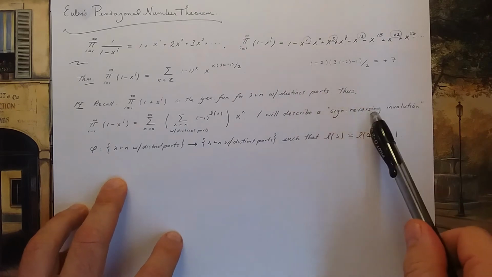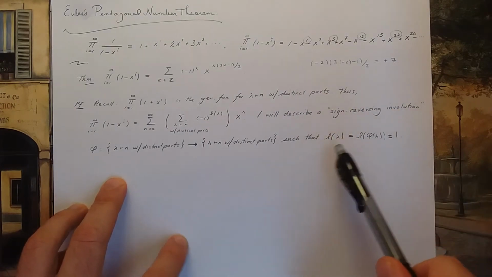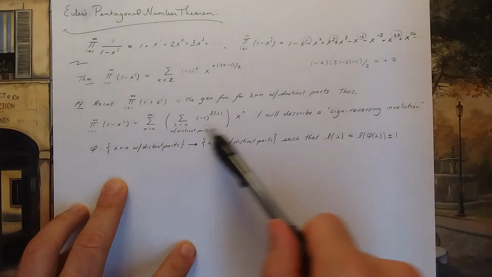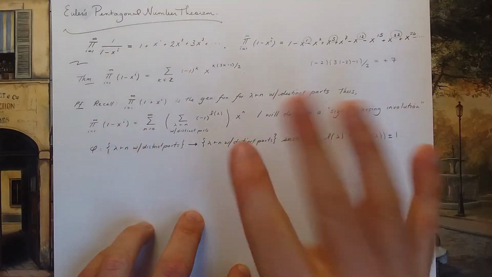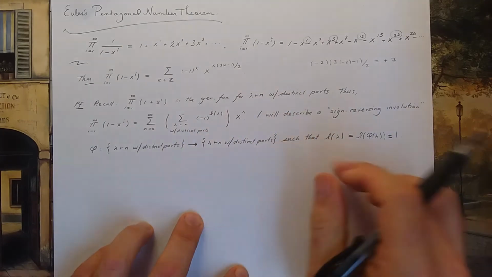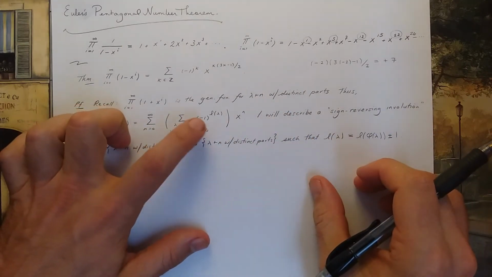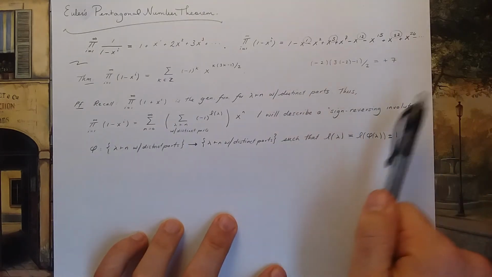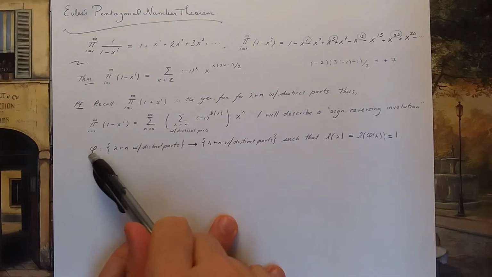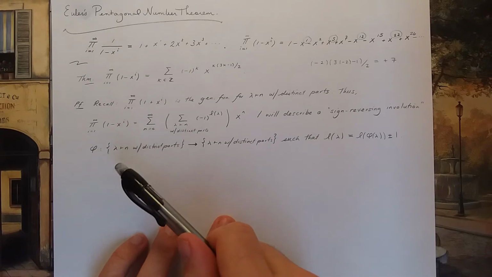This is called a sign reversing involution because if I apply the function phi to an integer partition, it changes the sign, the either plus or minus sign that's associated with the partition based on the number of parts that I see. Involution refers to the fact that this function phi will also be its own inverse.